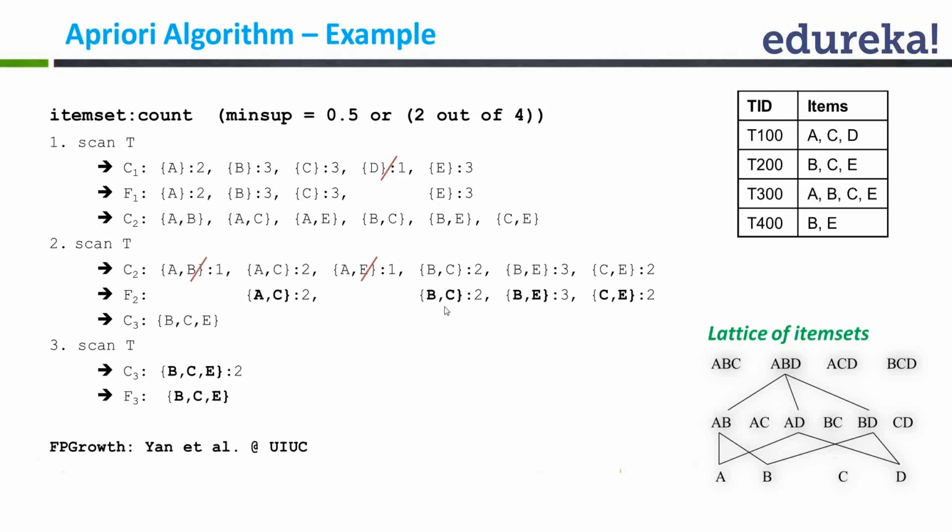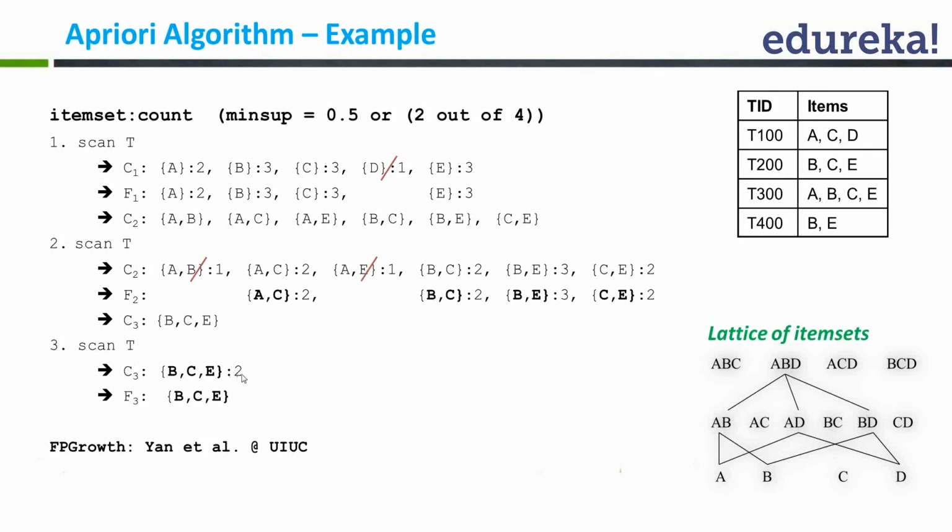Okay, and using these item sets, I create all possible combinations and generate 3 item sets, that means item sets with 3 values. In this particular case, I can only generate one 3 item set, which is BCE, which combines these 2. Again, I scan my database to see its count, which is again 2.